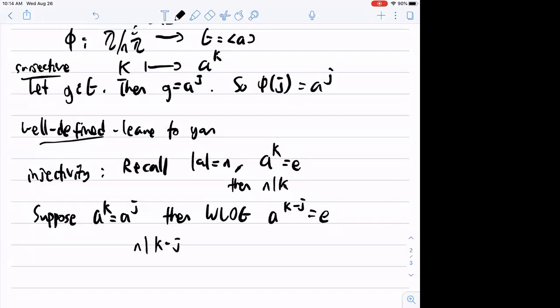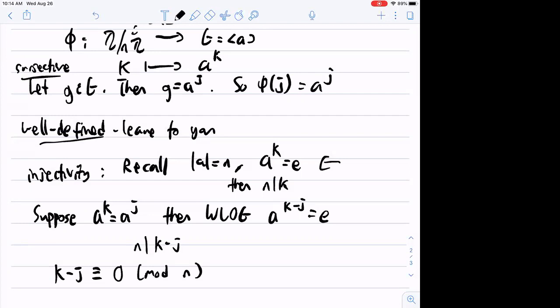Without loss of generality, it could also be j minus k, but that doesn't matter. Using the result, I get n divides k minus j. But what does that mean? If n divides k minus j, then k minus j is congruent to 0 mod n.